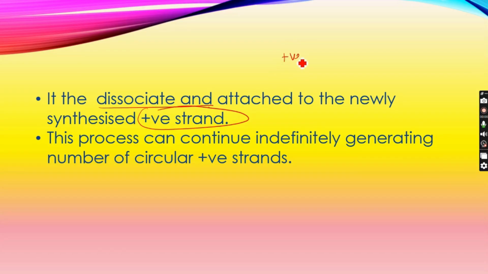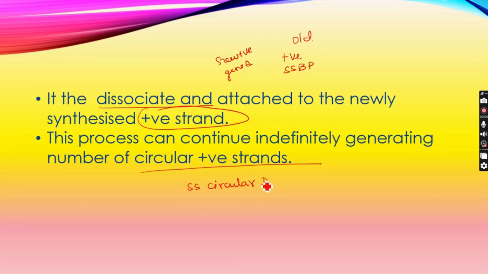Thus, the positive strand, which is attached to the SSB protein, is dissociated. The old positive strand is dissociated and the new positive strand is attached to the gene A protein, that is the replication protein. It causes the circularization of the strand, as a single-stranded circular DNA is synthesized.